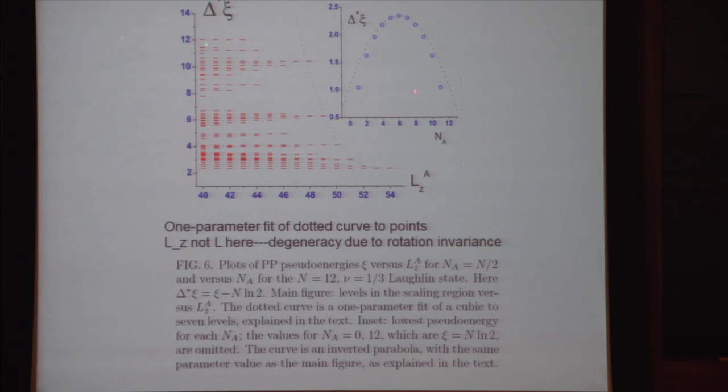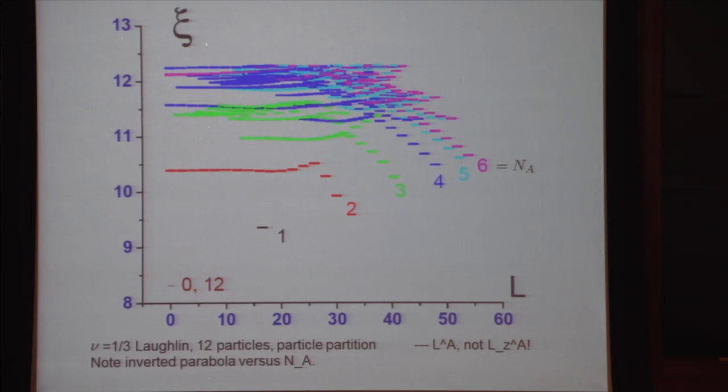And likewise for NA, it turns out that the same leading correction term that I'm using, in this case there's only one allowed by symmetry, gives us an inverted parabola for the psi min, unlike the other case. And so basically, this is just plotting in a different way the same spectrum that I showed you before here.